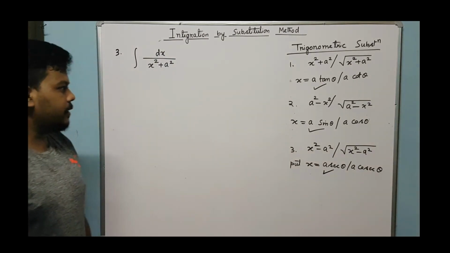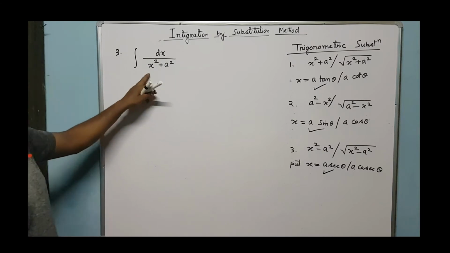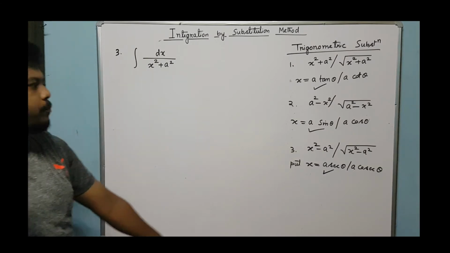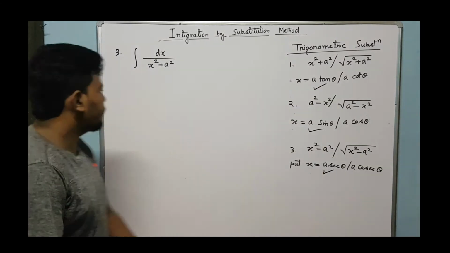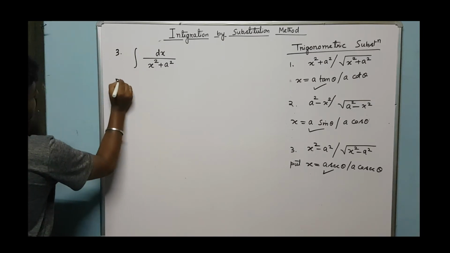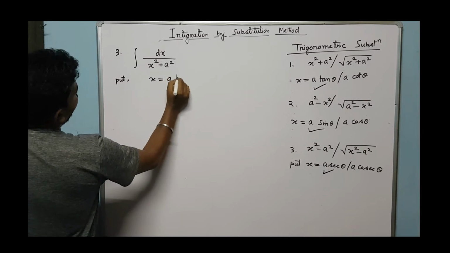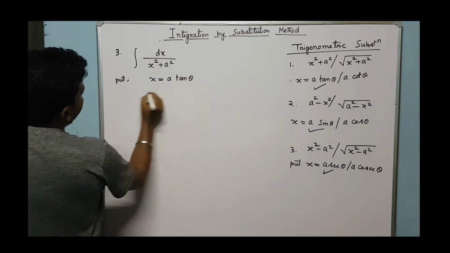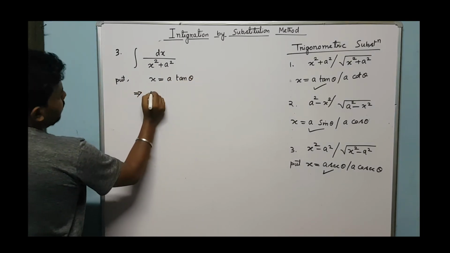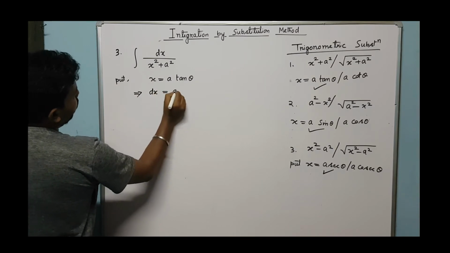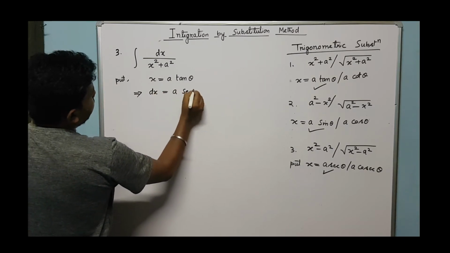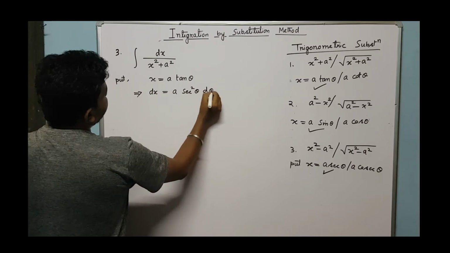Now you can see that here it is given x square plus a square, so we will put x equal to a tan theta. Now differentiating with respect to x, we get dx is equal to, for tan theta it is sec square theta d theta.